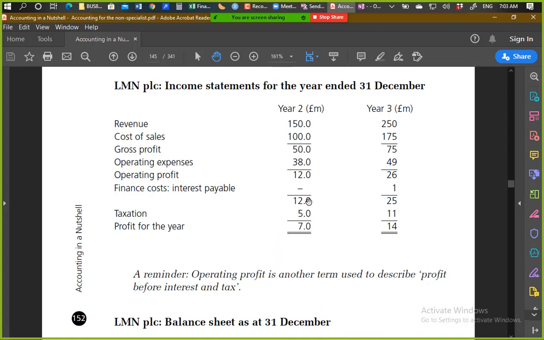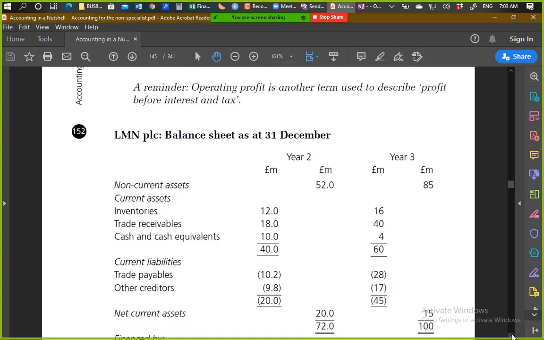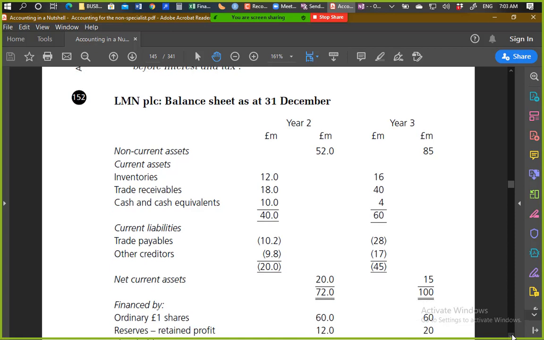This is the income statement, and this is the statement of financial position. For the ROSI calculation, we pick the numerator from the income statement. That is the profit before interest and tax. And then we pick the denominator from the balance sheet.